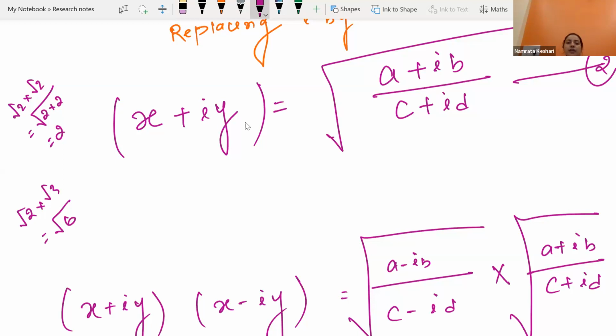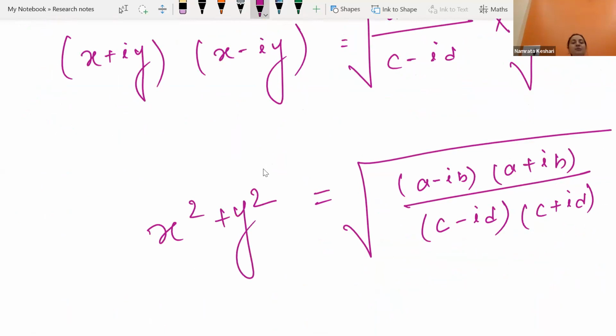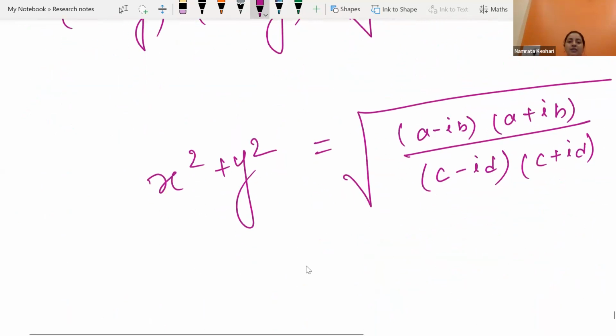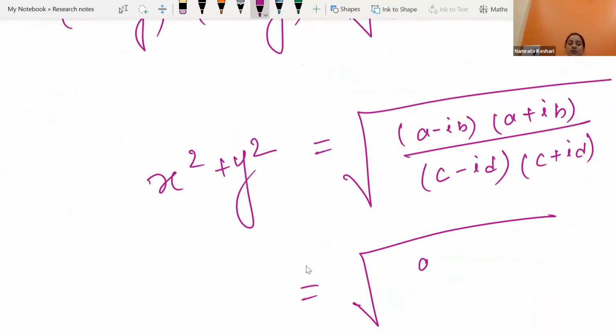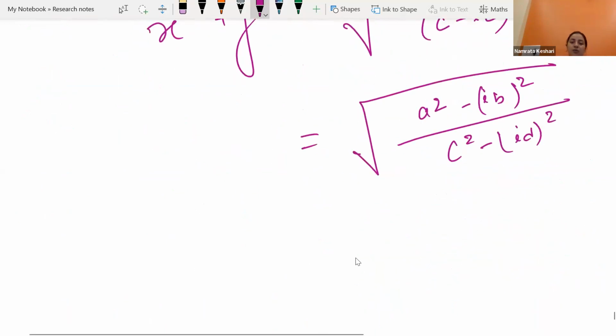Yes, ma'am. Okay, so on the left side we are getting x square plus y square, and on the right side this is something we are getting. Let's try simplifying it. We will be having a minus ib, a plus ib, it is just a square minus ib's whole square. In denominator c square minus id's whole square. Okay, let's continue.